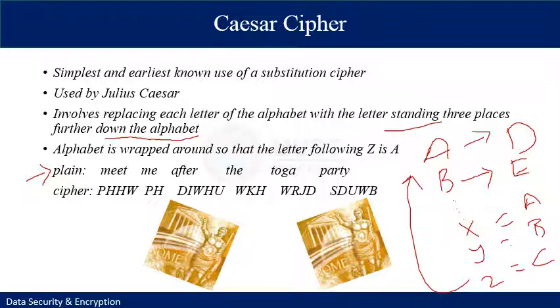So if we look at the example here, "meet me after the toga party." M is our first character. If we shift three characters, M to N, to O, to P. Similarly, E is shifted to F, G, H. So "meet" becomes PHHW, "me" becomes PH, and so on.